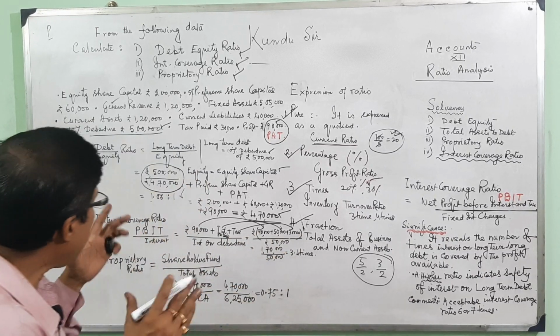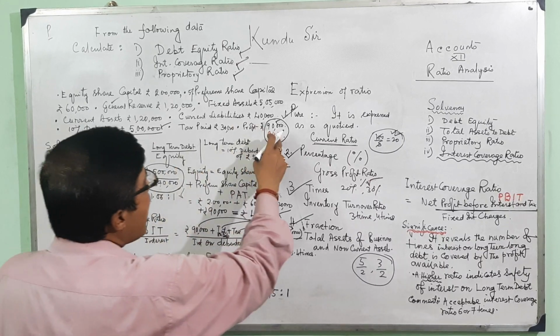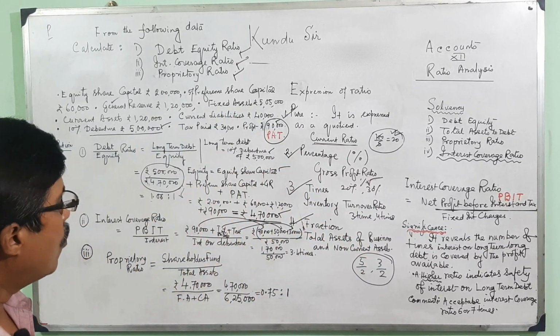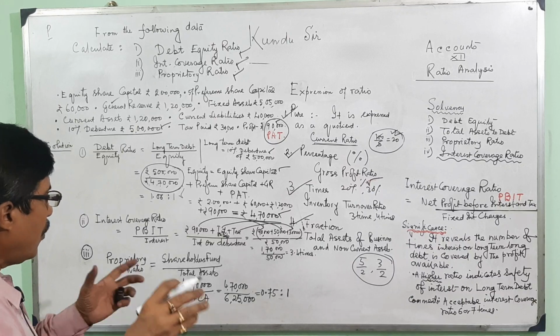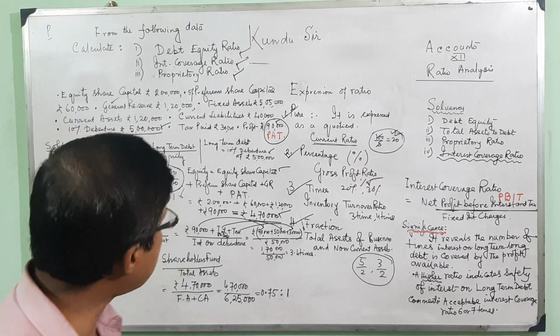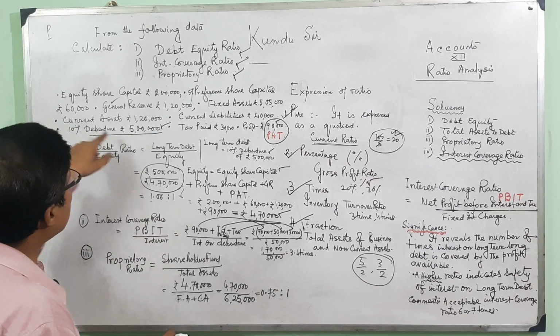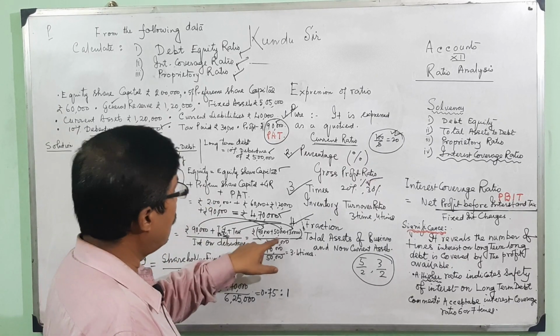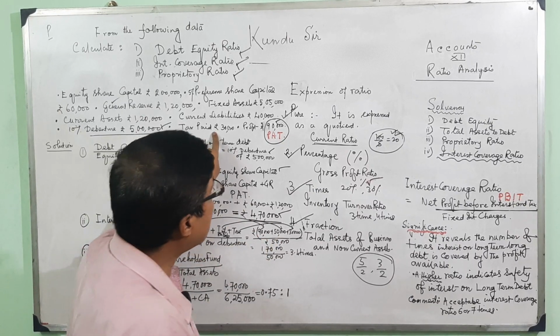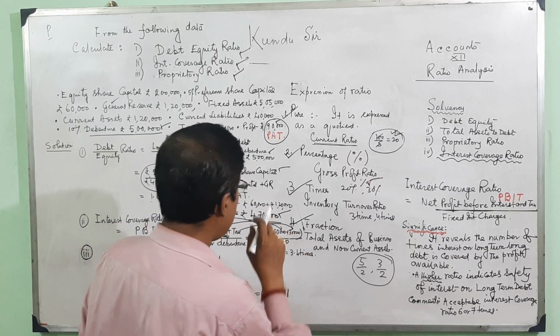90,000 is the PAT, profit after tax. Then interest on the debenture at 10% equals 50,000, and tax paid by the company is 30,000.